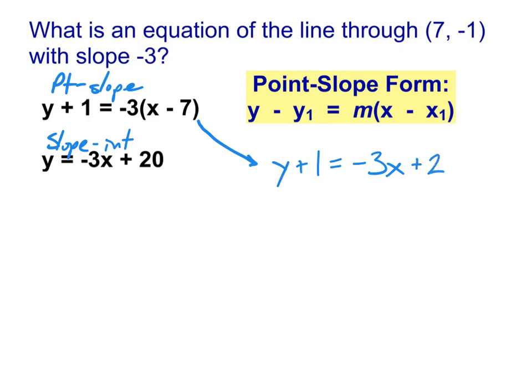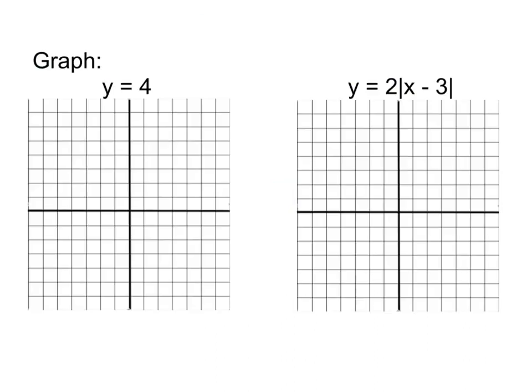And so that's going to give me plus 21. The last step is I do need it to be y equals instead. And so we subtract 1 from both sides. And if you do that, we end up with y equals negative 3x plus 20. That's why it's 20. That's how we know it's 20. You don't have to graph it and then see where it crosses or anything like that. We can actually do it algebraically like this.